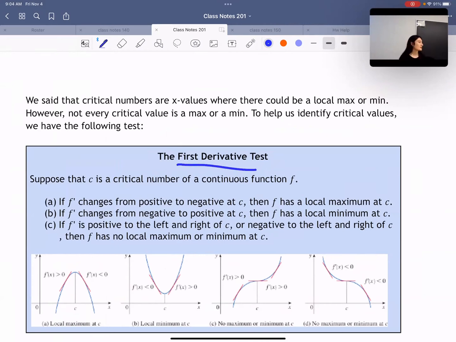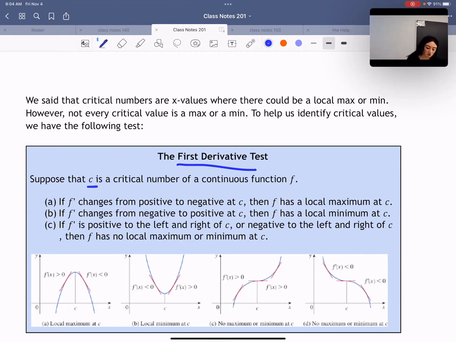Okay, now, let's just talk about what the first derivative test says, and then I'll explain to you why you might not have to memorize this entire big test here, okay? Let's just say that C is a critical number, so it's either where the function doesn't exist, or where the derivative doesn't exist or where the derivative equals 0, but the function has to be defined there, right?